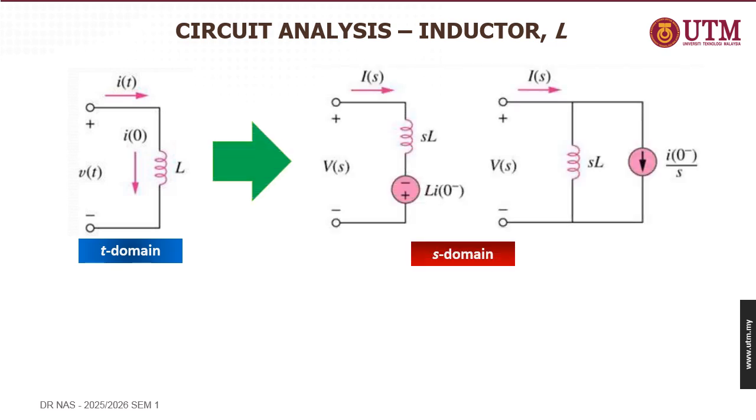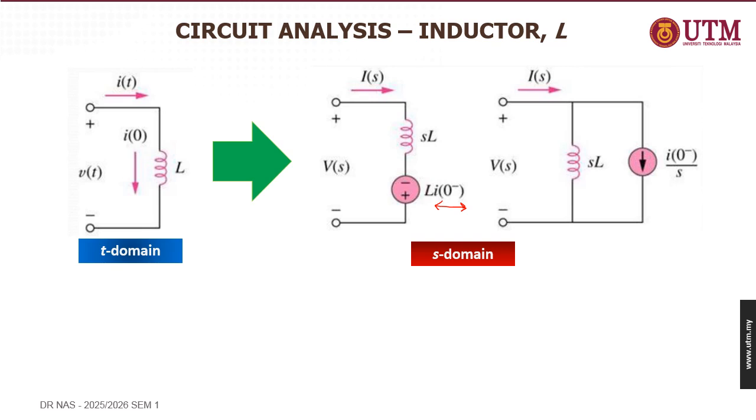This may appear as a series of an inductor with an additional source that depends on the initial condition, the initial current, or you can also represent the circuit by having the inductor in parallel to the current source.